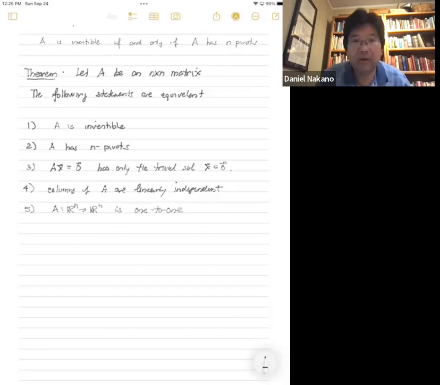Okay, so you can translate that into linear transformation language. Now, we also know that we can apply this to systems of equations. So AX equals B has a unique solution.